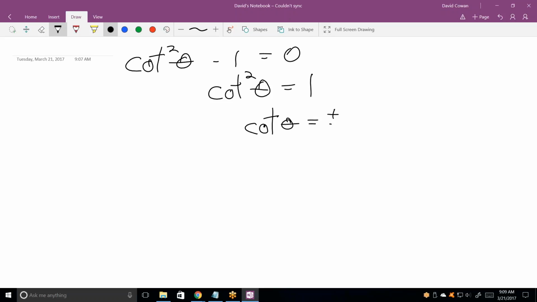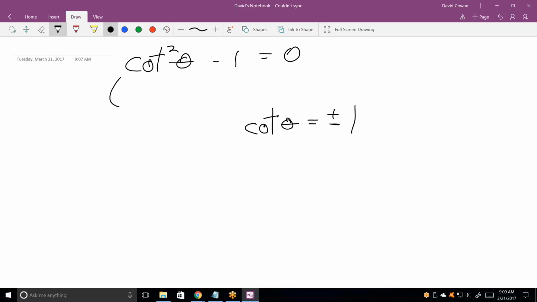I say that because only about 5% of my students do the plus or minus. Notice that, just to back up here a second, I didn't actually have to do that first step. It's just easier to do. That's the difference of perfect squares, is it not? Yeah.